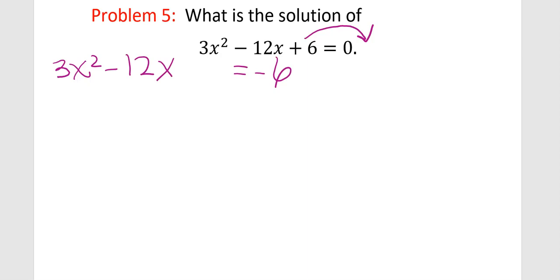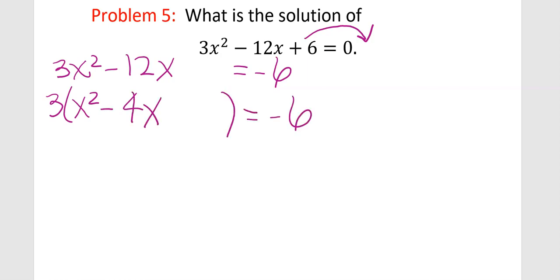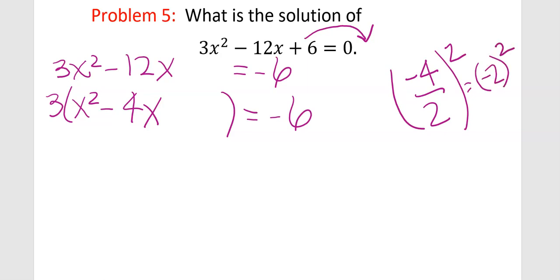Okay. We need half the middle term and square it, but if you don't like that 3 there, you can take it out now. The 3 has nothing to do with the 6 on the other side, it's just on the left side. We're going to take half of the middle term and square it. Half of the middle term would be negative 2 squared.